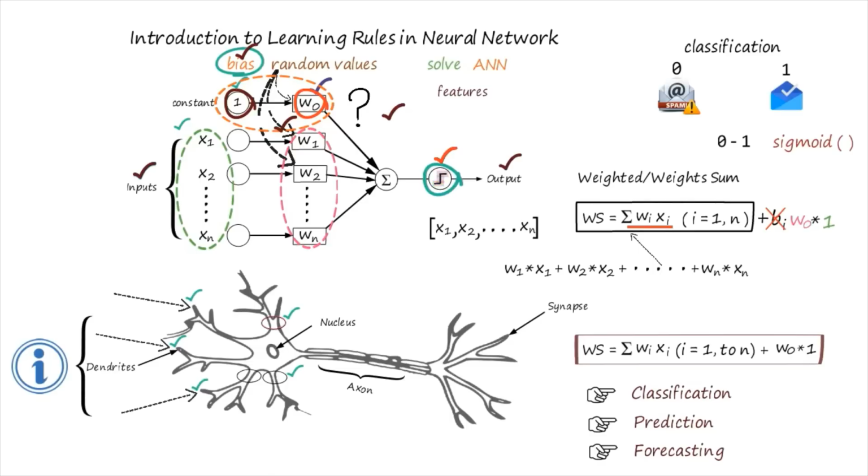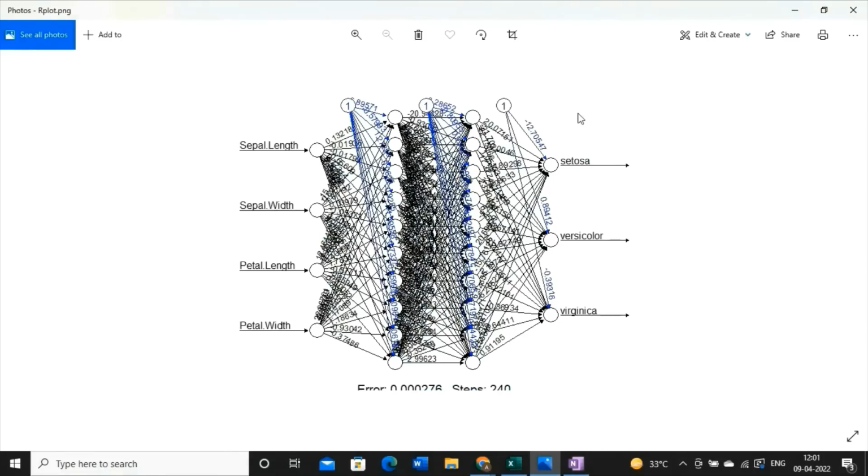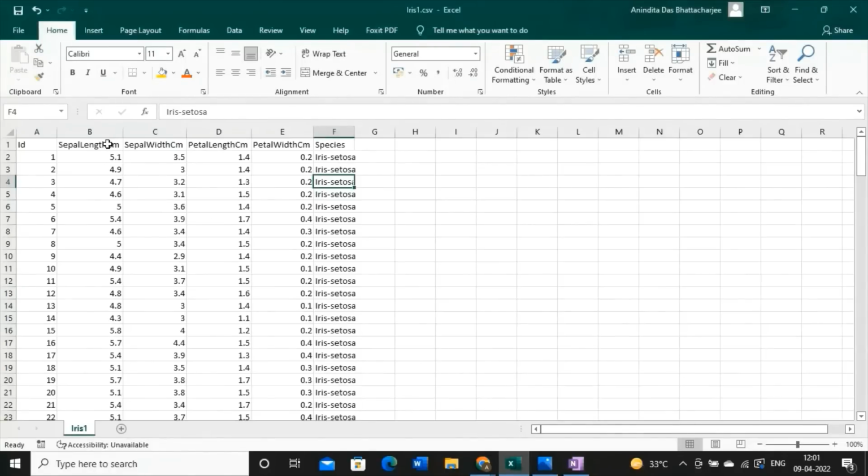But from whatever I have discussed so far, you will find another consideration, that is what should be the architecture of the neural network. It is not fixed. Why? Because I have already explained that whenever we are designing any neural network, the number of nodes in the input layer and the number of nodes in the output layer is totally dependent on the number of features and the number of classes present in the dataset. So dataset-wise, the architecture of the neural network will vary, right? This is the disadvantage of the neural network.